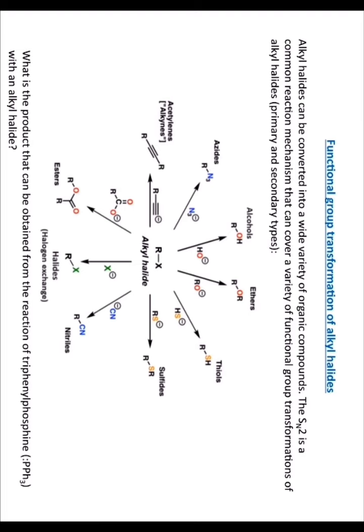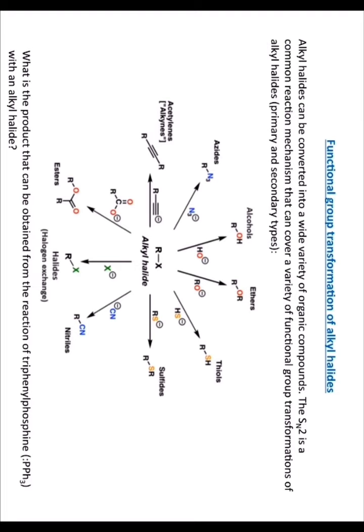Here in the alkyl halide, the most reactive is the carbon halogen bond, and it can be converted to a different functional group. And if we look at this diagram, alkyl halide in the middle, if I react it with a nucleophile, I will get a different functional group, a different kind of organic compound.